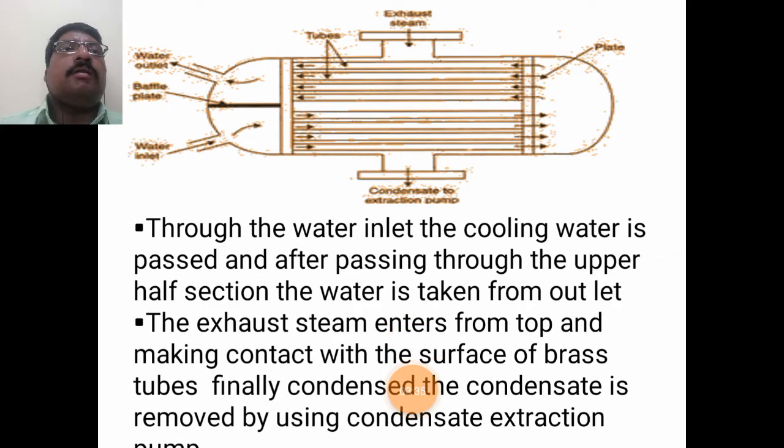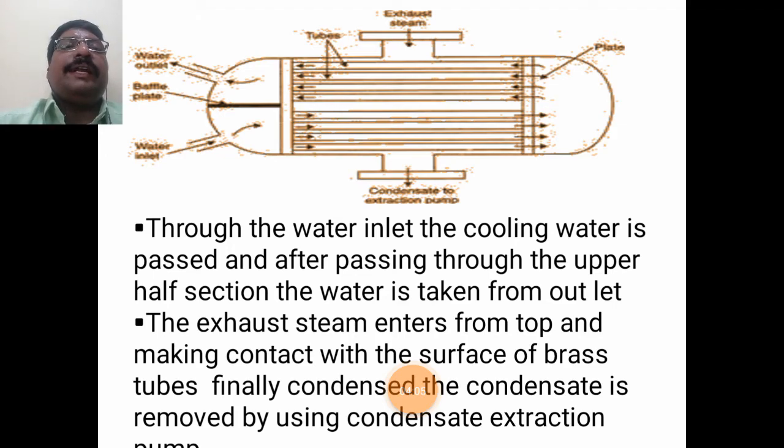Now the exhaust steam enters from the top and flows over the number of parallel tubes. During its passage, the exhaust steam makes contact with the surface of the brass tubes. So the steam flows over a number of parallel tubes made of brass material.